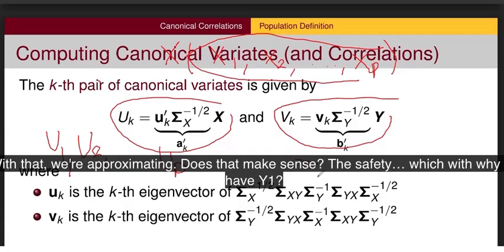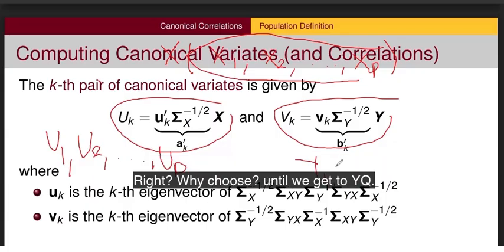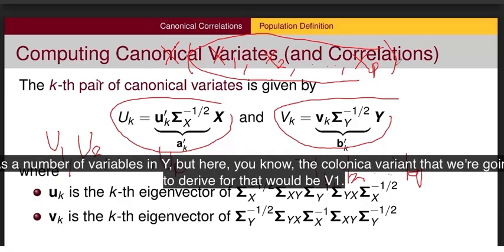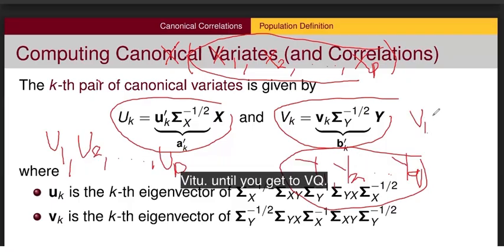If I have Y1, Y2, until we get to YQ. Why do I say YQ? Because the number of variables in X may not be the same as the number of variables in Y. The canonical variates that we're going to derive for that will be V1, V2, until you get to VQ.